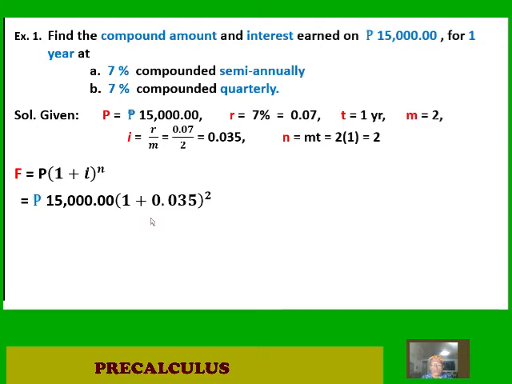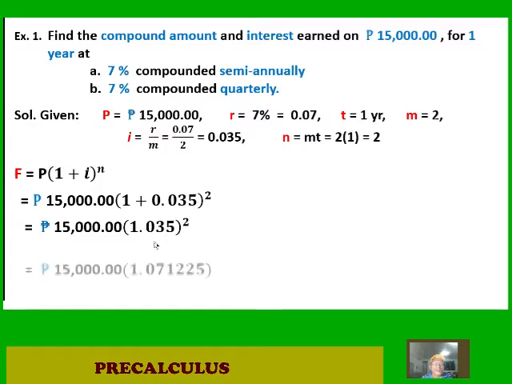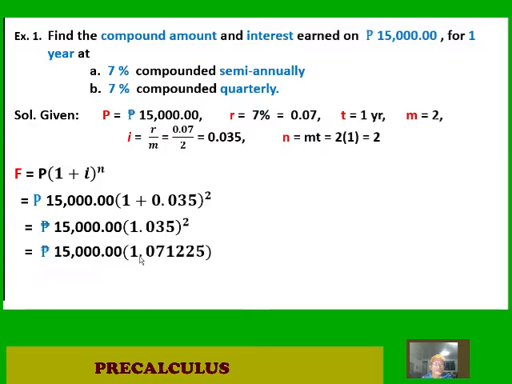Then the square of this quantity is 1.071225 times the principal. So the future value, maturity value, is 16,068.38 pesos.